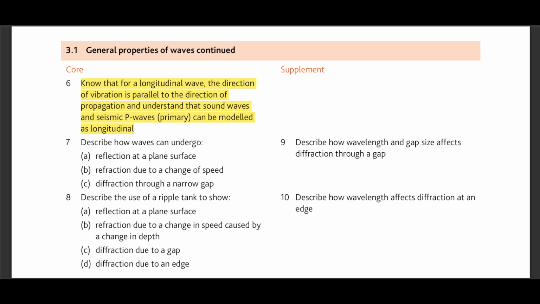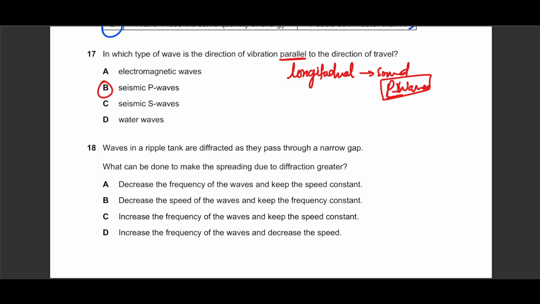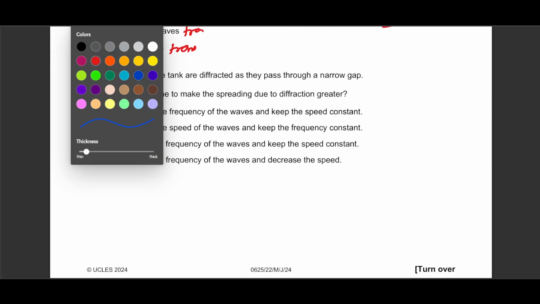Know that for a longitudinal wave, the direction of vibration is parallel to the direction of propagation, and apart from sound waves and ultrasound, seismic P waves, primary waves, can be modeled as longitudinal waves. So this question is directly taken from your syllabus. Can't really do much about this. This is a fact. Electromagnetic waves are transverse waves, and they make up the electromagnetic spectrum. Seismic S waves are also transverse waves, water waves are also transverse waves. So parallel is longitudinal and longitudinal is sound or seismic P waves. Again, a memory-based question, can't really help you with that.